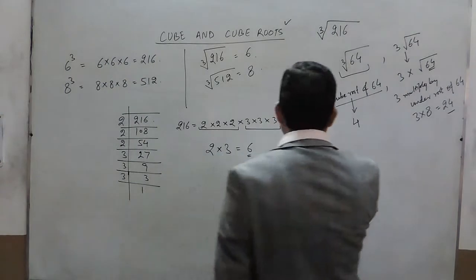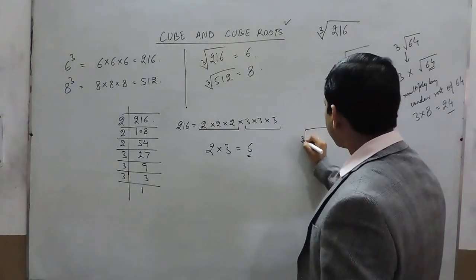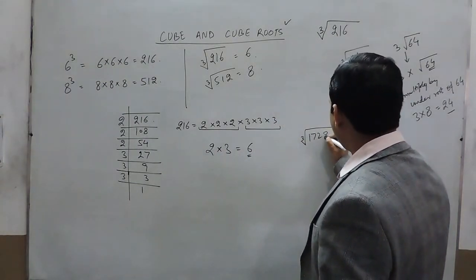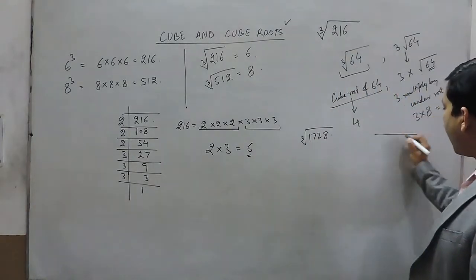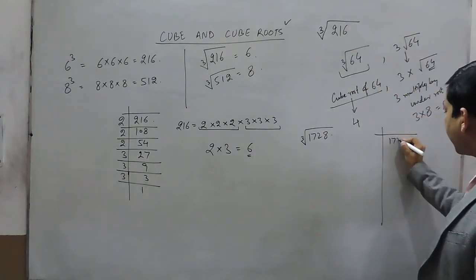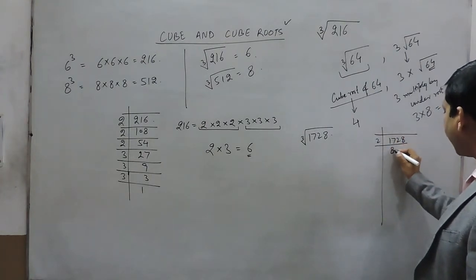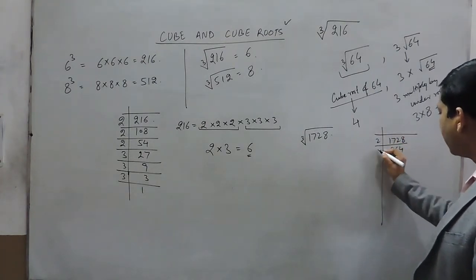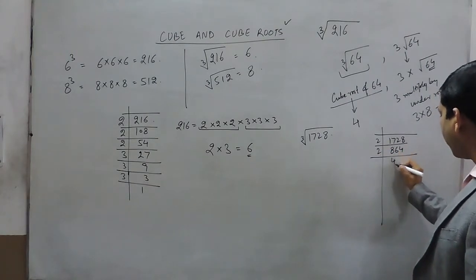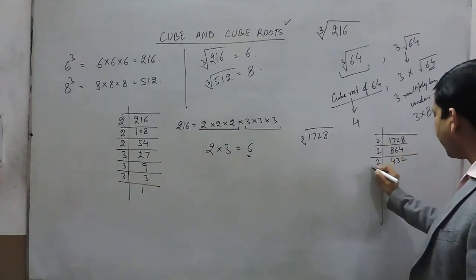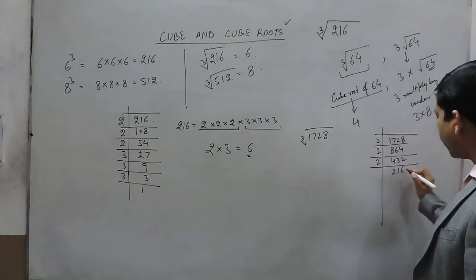Now, suppose I ask what is the cube root of the number 1728. First of all I have to factorize 1728. So dividing by 2 comes out to be 864. Again divide by 2, it comes out to be 432. Again divide by 2, it comes out to be 216.